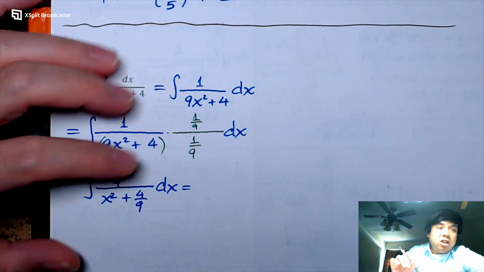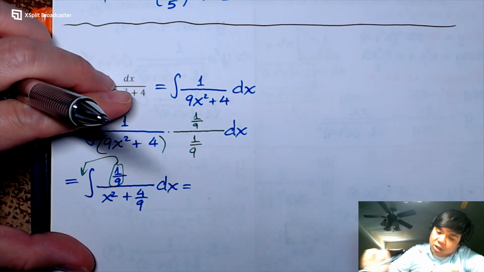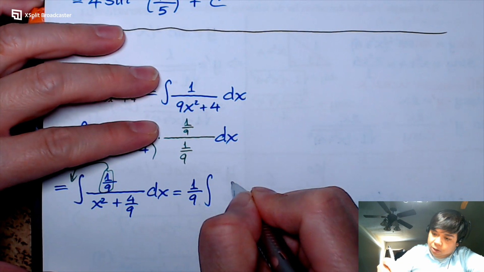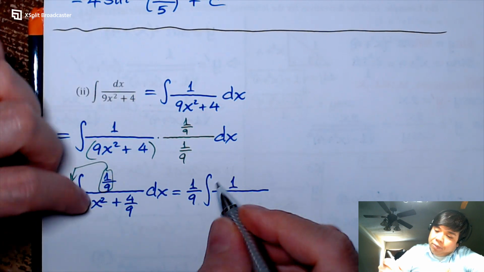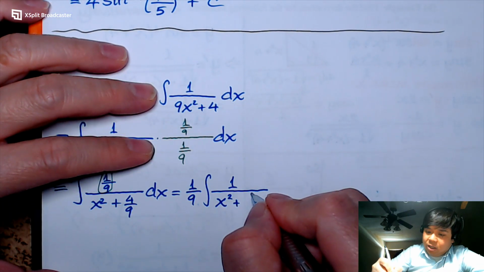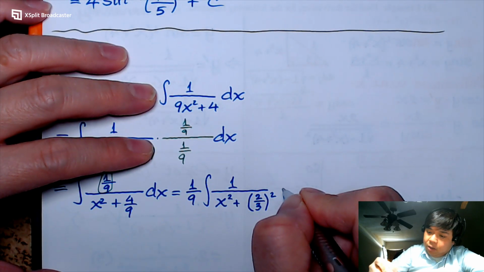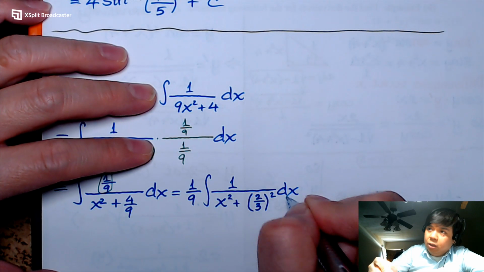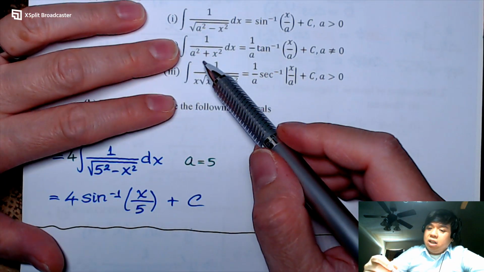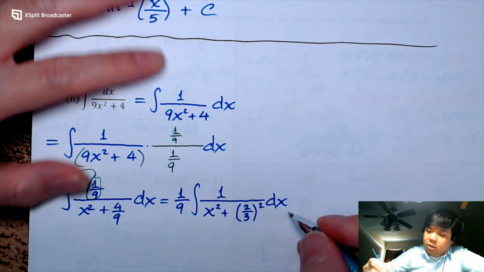Now manipulate this a little bit further. The 1 over 9, bring it outside. Now we have x squared, and 4 over 9, we can write this as 2 over 3 square. Now this looks exactly like that, where a is equal to 2/3.